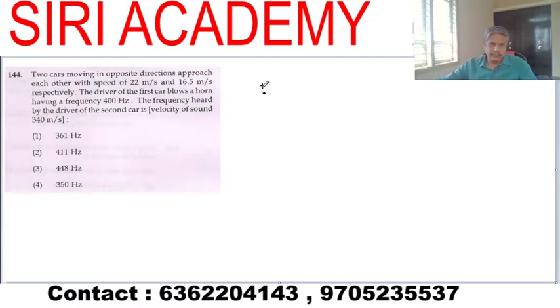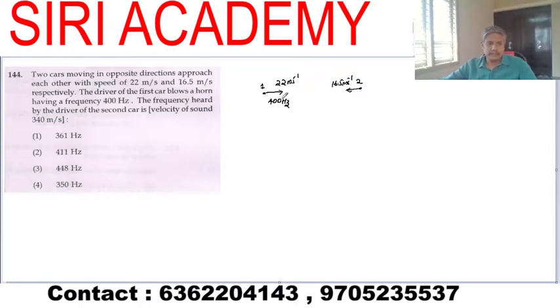So the first car is moving with a speed of 22 meter per second, and the second car is also moving towards the first car, that is moving with a speed of 16.5 meter per second. The driver of the first car blows a horn of 400 Hz.